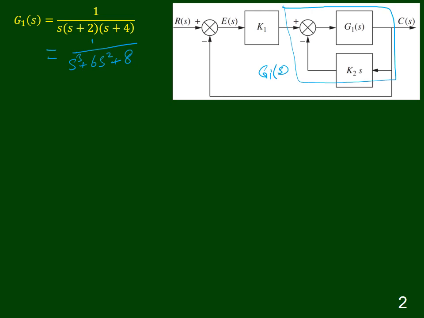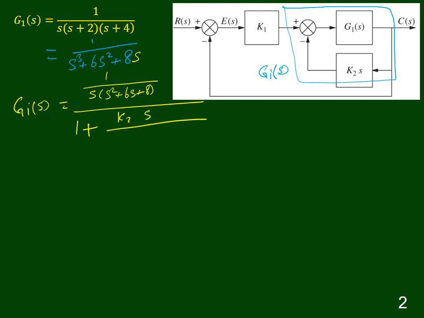Then I can write very easily that G_I(s) is equal to 1 over s into (s square plus 6s plus 8), whole divided by 1 plus K2 s divided by s into (s square plus 6s plus 8).